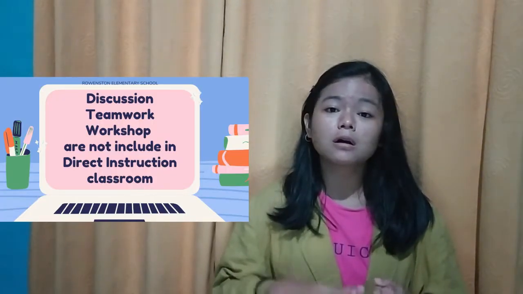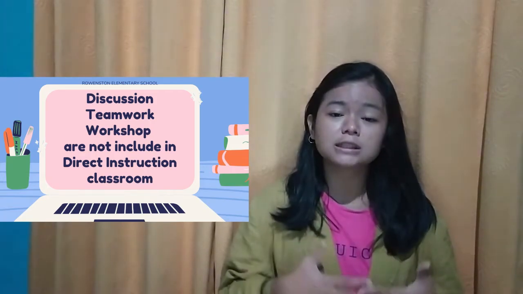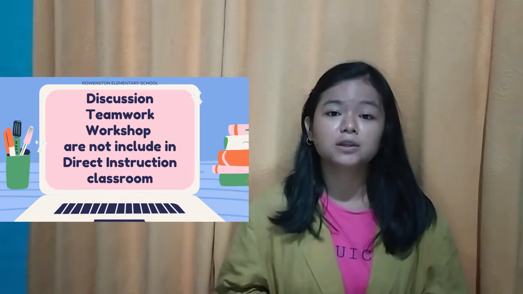Engelmann and Becker said the characteristics of direct instruction are an explicit, carefully sequenced, and scripted model of instruction. And during the implementation of direct instruction, activities such as discussion, teamwork, or workshop are not included in the learning process since the teachers are the main resource for students to learn the skill and obtain the knowledge.